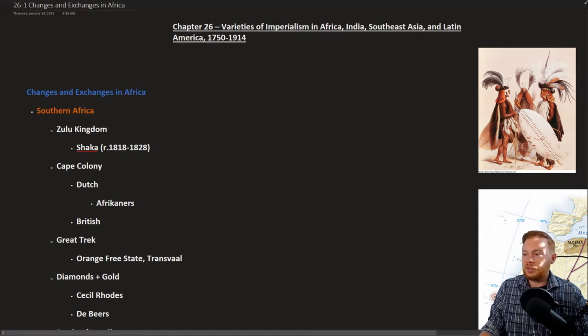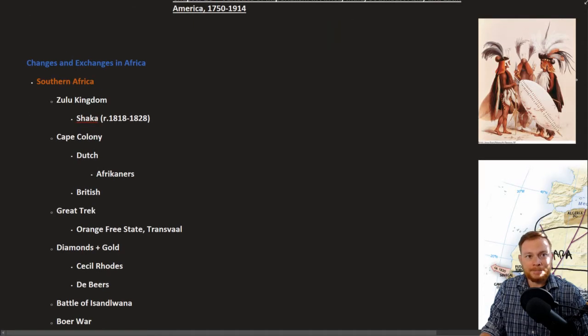So in Southern Africa, there was what we might call a somewhat complex settlement problem going on. First of all, the Zulu kingdom, which was an African kingdom. We might call this the indigenous population.